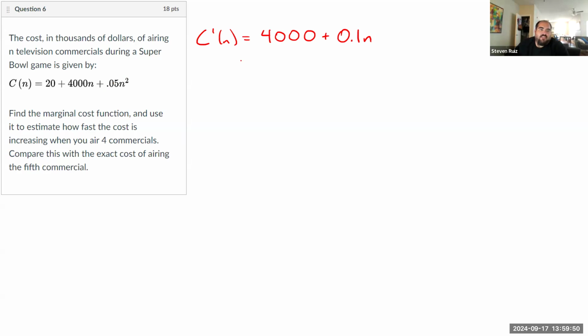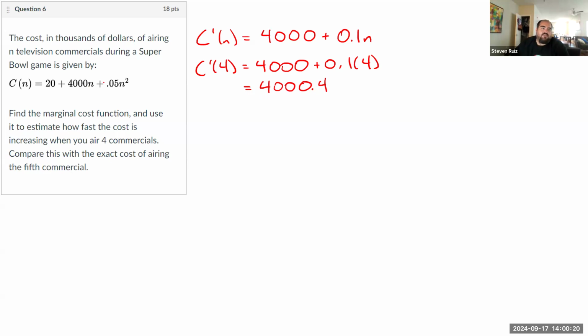Now I want to use that to estimate how fast the cost is increasing when I air 4 commercials. So C prime of 4 is equal to what? 4,000 plus 0.1 times 4, which is equal to 4,000.4. Is it $4,000 and change to run a commercial?